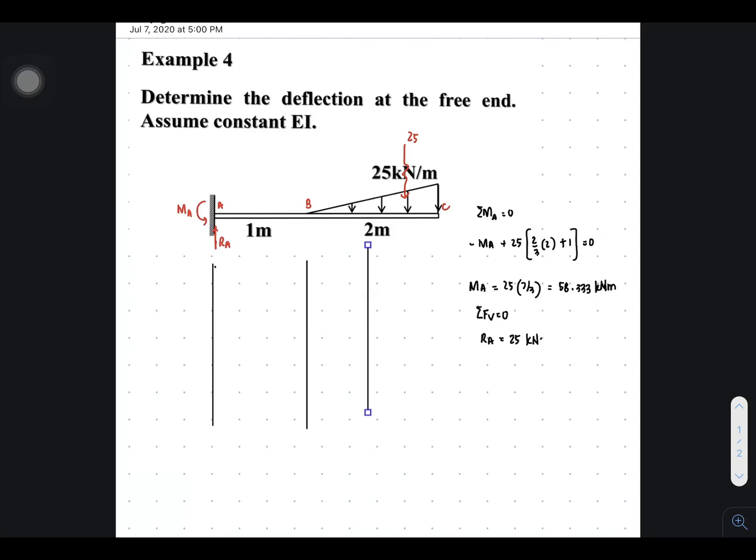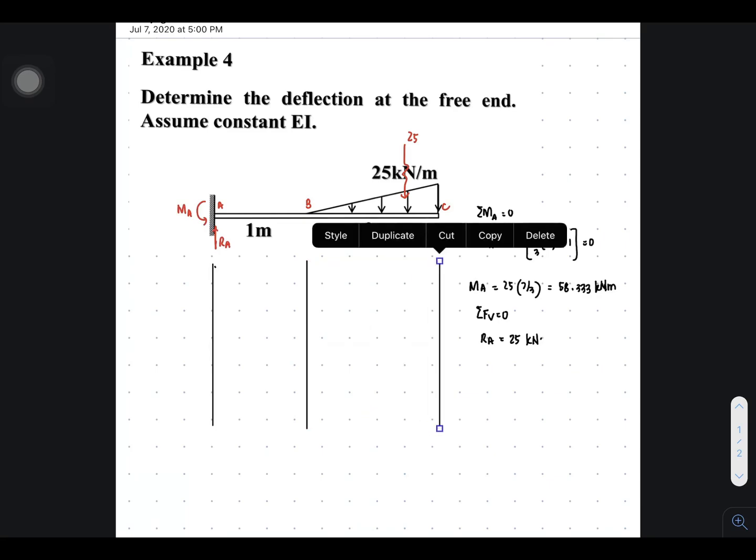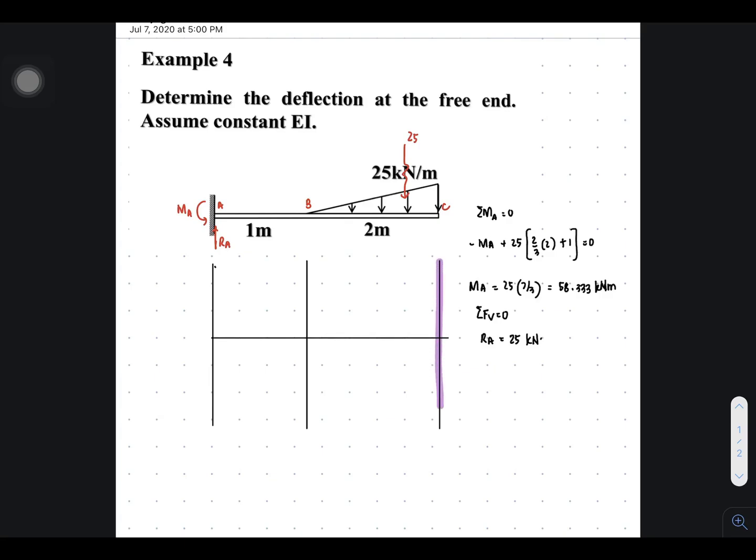Copy, and this is for C. And then do not forget to write a horizontal 0 moment line. And then I will choose the rotation here because we have to decide the maximum side of this triangular loading.